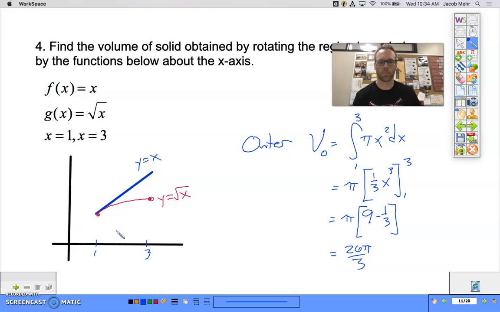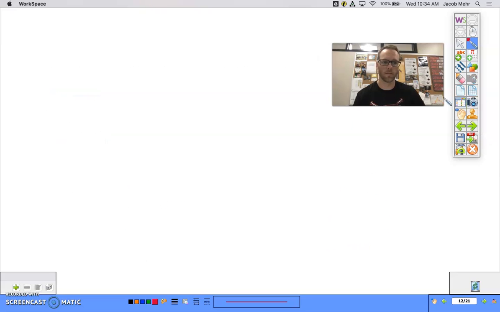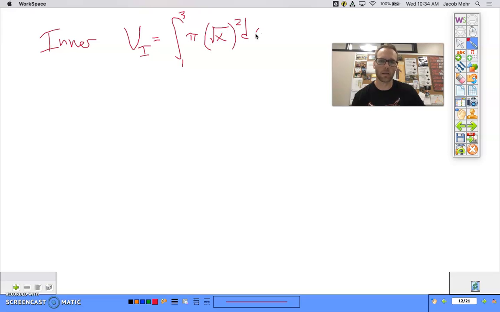It's the outer volume. Now let's find the inner volume, but now the radius of our cylinder, so here's my rectangle, the radius of my cylinder is now the square root of x. So now my inner volume, called V sub I, is going to be the integral from 1 to 3 of pi times the square root of x squared dx.